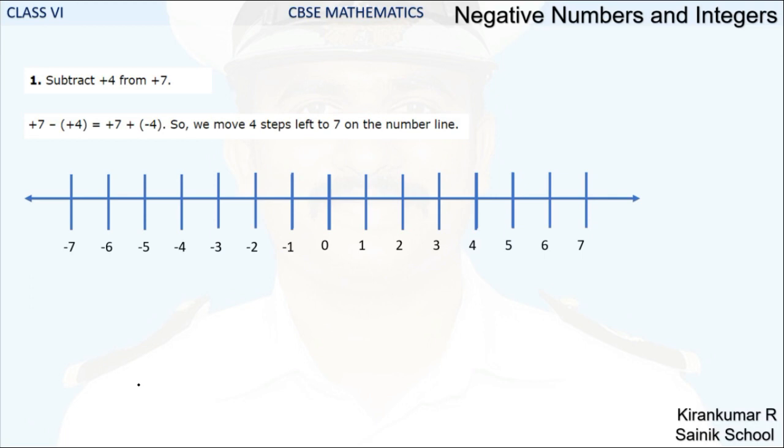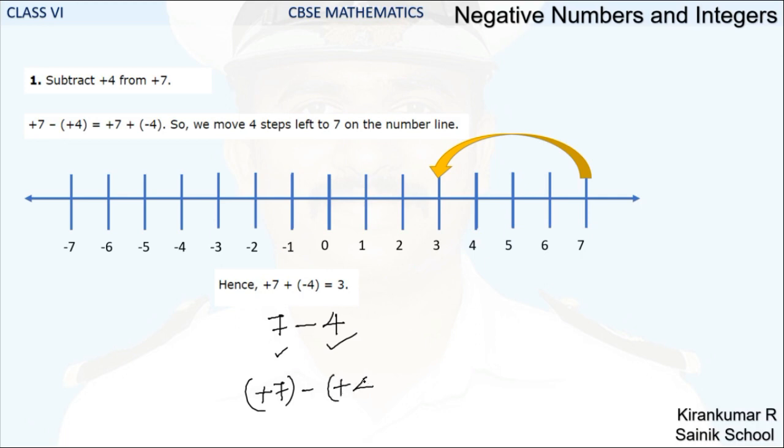Start from 7. Move towards the left 4 steps. We reach positive 3. Hence, positive 7 added to negative 4 gives positive 3. It is the same as subtracting positive 4 from positive 7. It is the same when you write it in this format. The result obtained is positive 3.